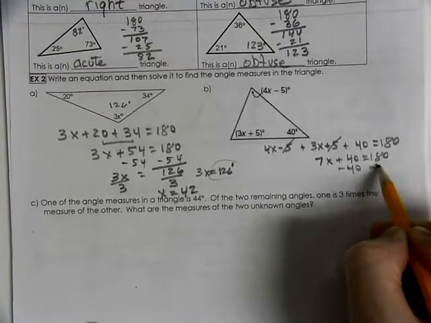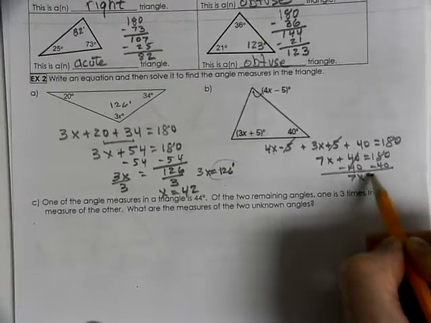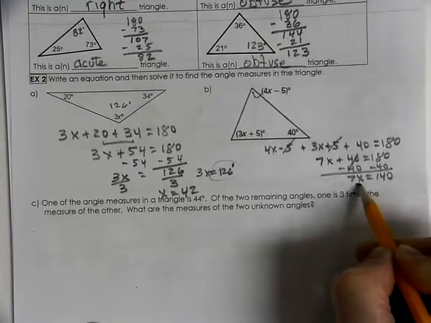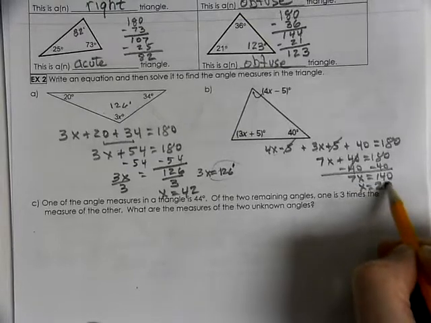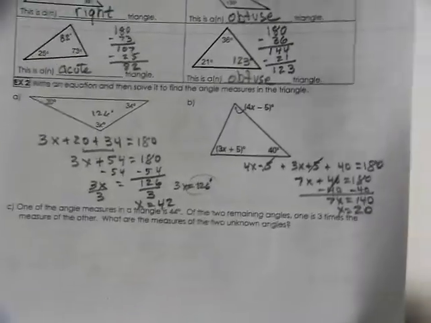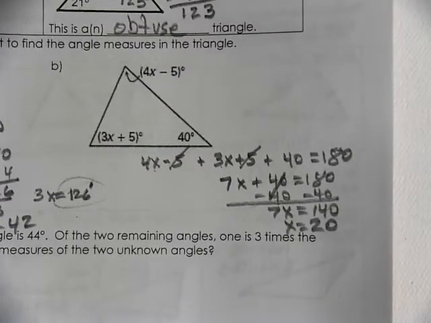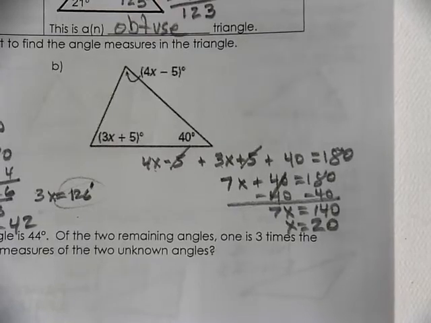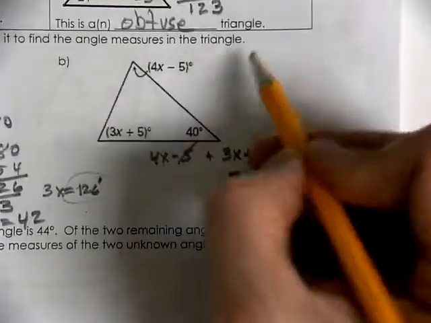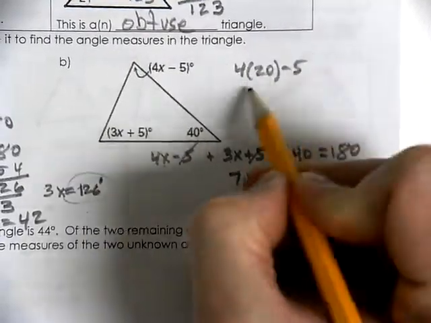And we subtract. So 7x equals 140. So when we divide, we get 20 degrees. Well, that's the value of x, 20 degrees. The value of the angles would be 4 times 20 minus 5.